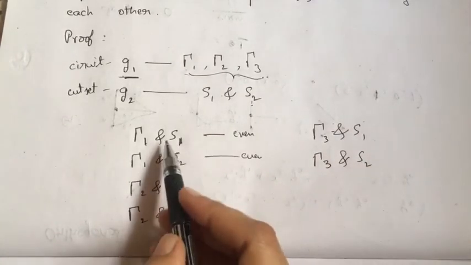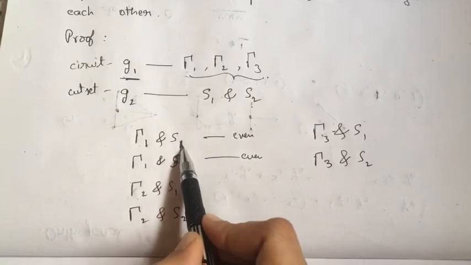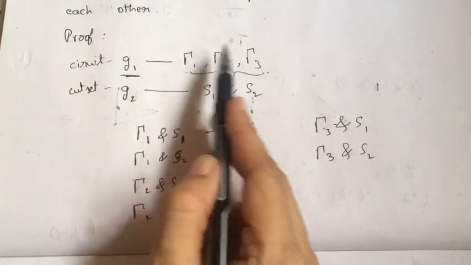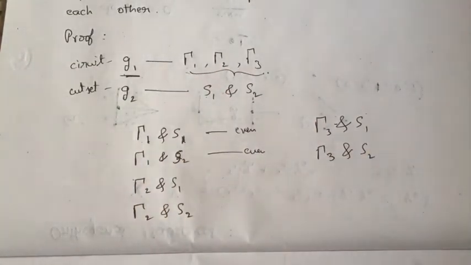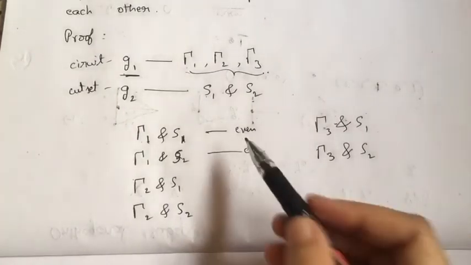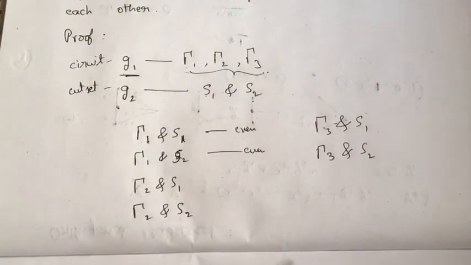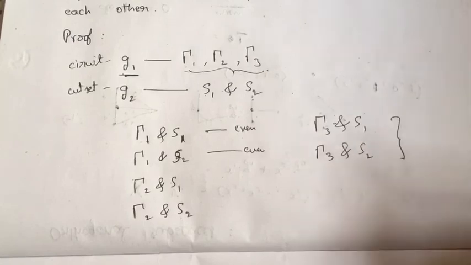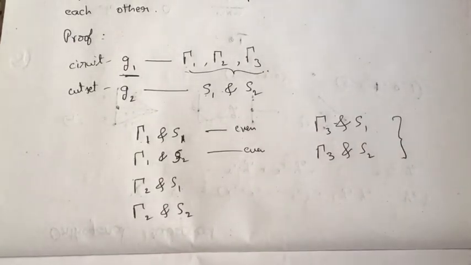Every time I consider a circuit and a cut set, I know they have an even number of edges in common. Since there is no edge common between S1 and S2 or between gamma 1, gamma 2 and gamma 3, these six sets of common edges enumerated above are all distinct.